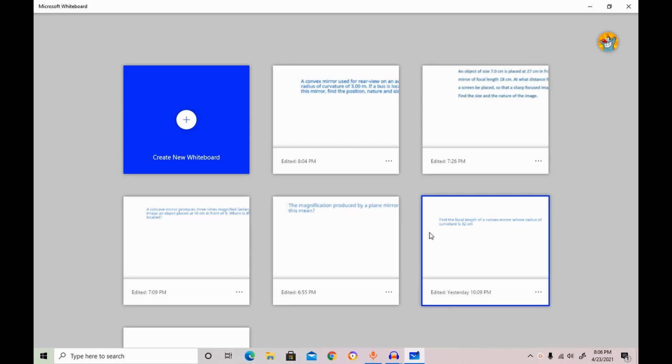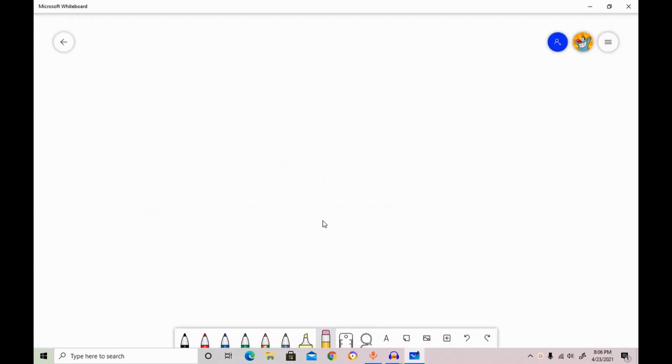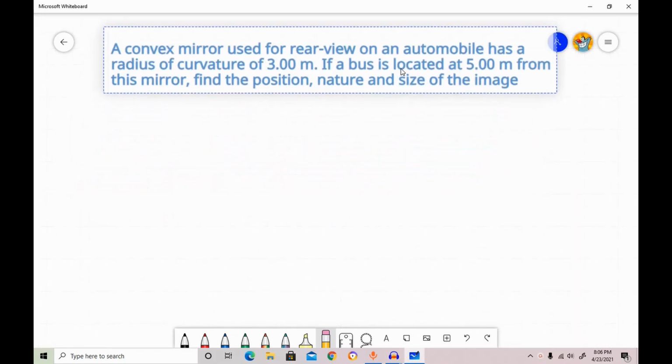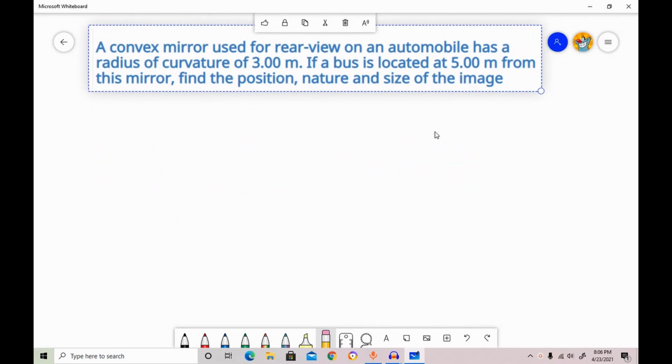Today we are going to solve some of the typical problems on spherical mirror. So let us take the first problem. This is the example problem taken from your textbook, page number 170.